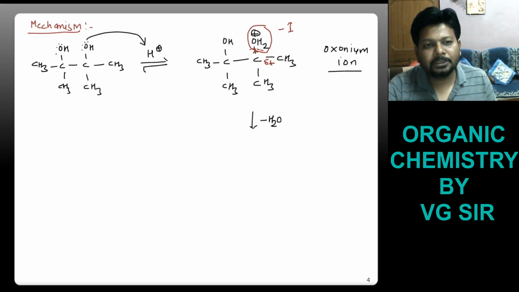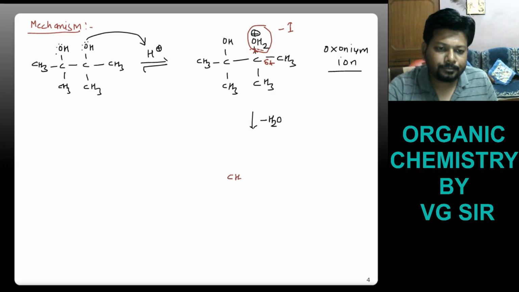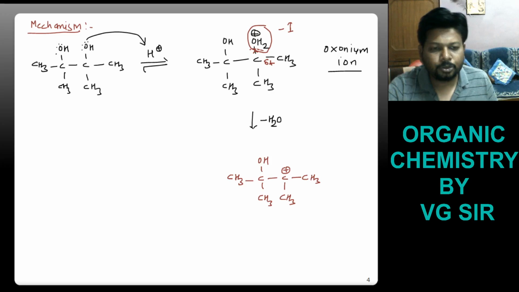So in this reaction we have two positive things with us. First, it has a very good leaving group, that is the water molecule. Second, the potential carbocation is a 3-degree carbocation, which is quite stable. So what will be the net result? The net result will be a 3-degree carbocation.